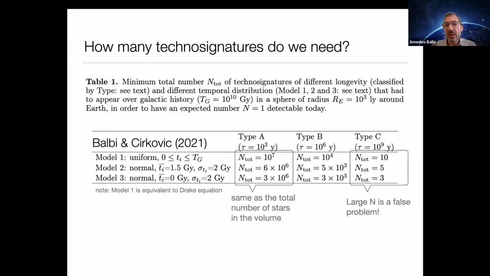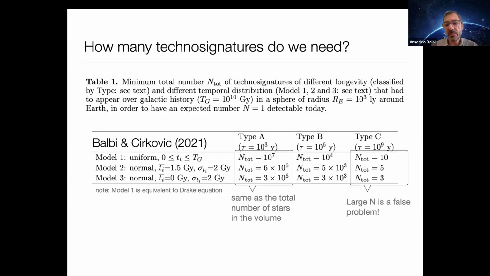And if you have long-lived technosignatures, interestingly, you can have very few of them. If you have very few long-lived technosignatures exceeding some hundreds of millions of years in duration, they don't need to be in a huge number. But unfortunately, if they are few and spread over the entire volume of the galaxy, they will be difficult to find.